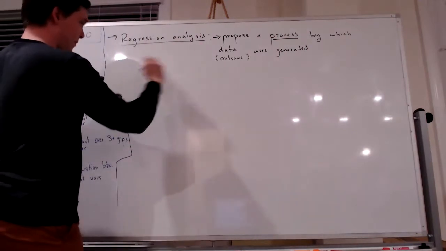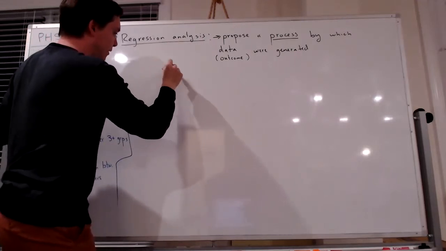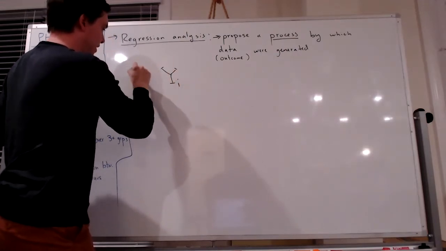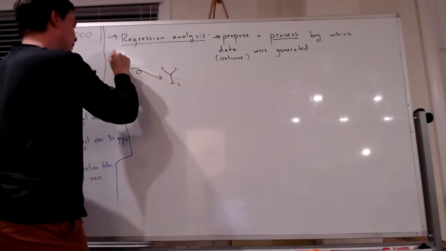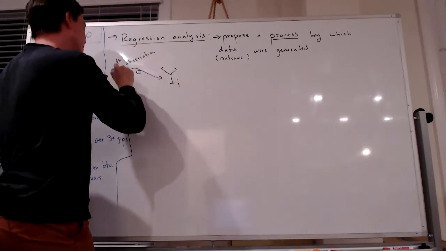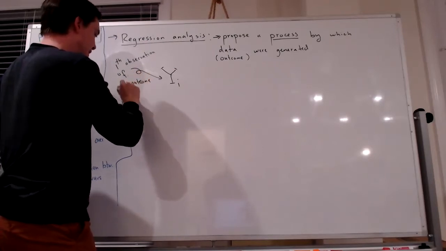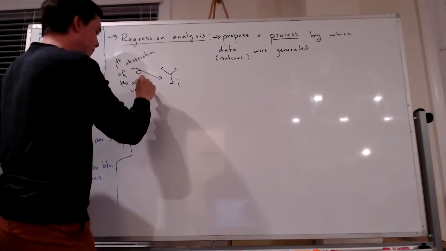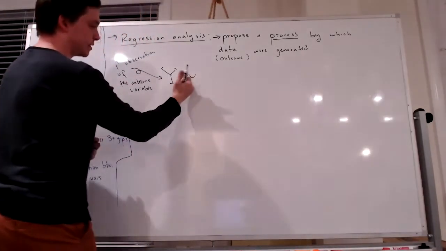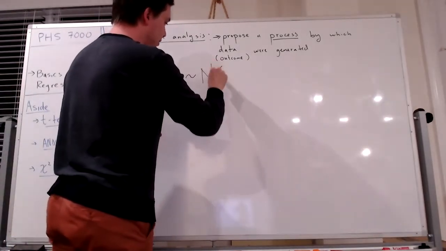So the way we write this out, we have our outcome variable. So this is the ith observation of the outcome variable. And you will have recognized this symbol, right? It's distributed as a normal distribution.